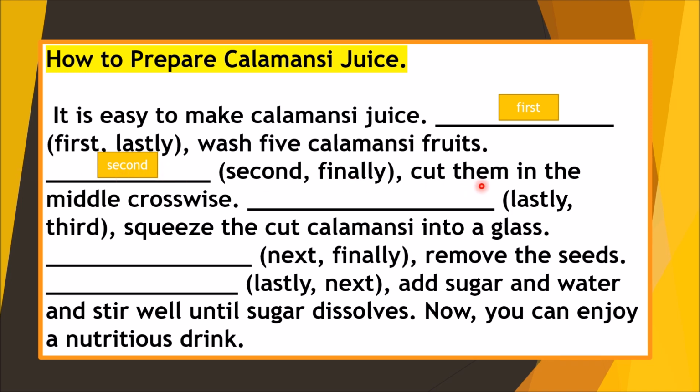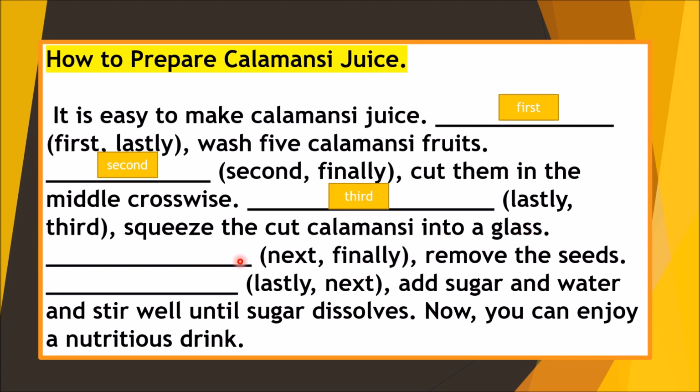Second, cut them in the middle crosswise. Okay. So the next one, lastly or third, what will be the answer here? If your answer is third, of course you got it right. Third, squeeze the cut calamansi into a glass.